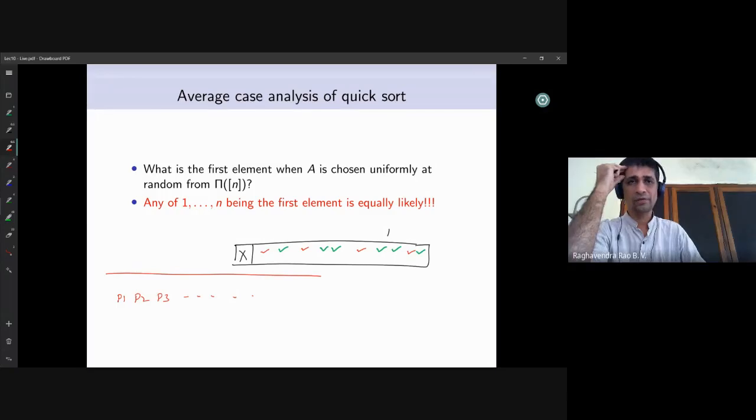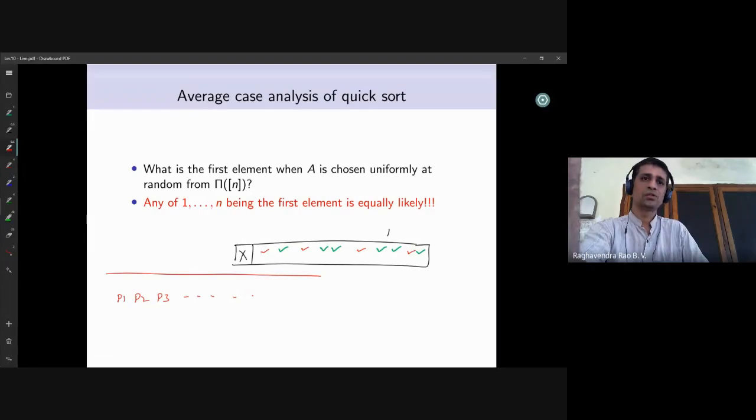See, when we say expectation is n log n, that means with good probability it's going to be n log n. But there is also a non-zero probability that it could be n square. Either this sorted order, or sorted in the opposite order, or almost sorted order, those are also bad.